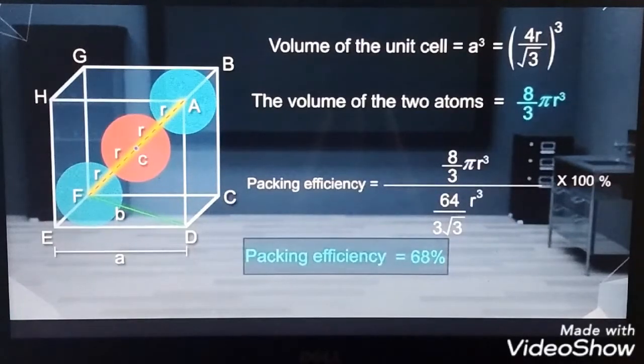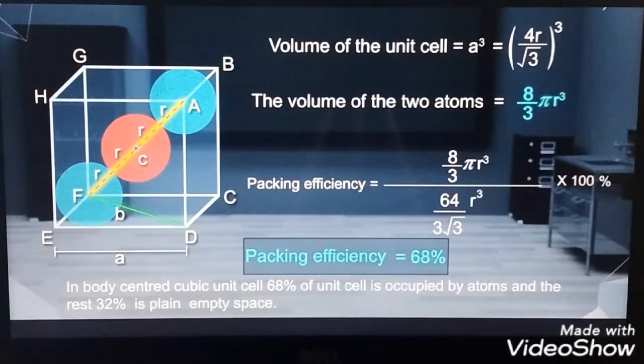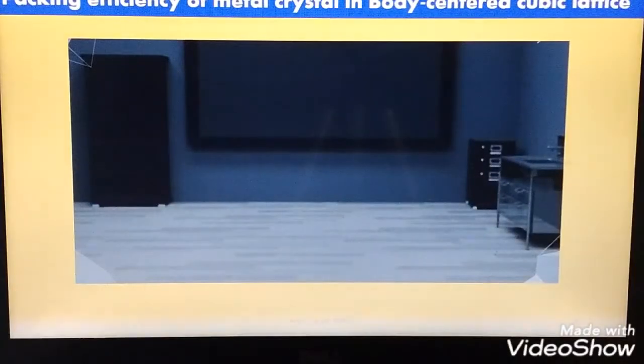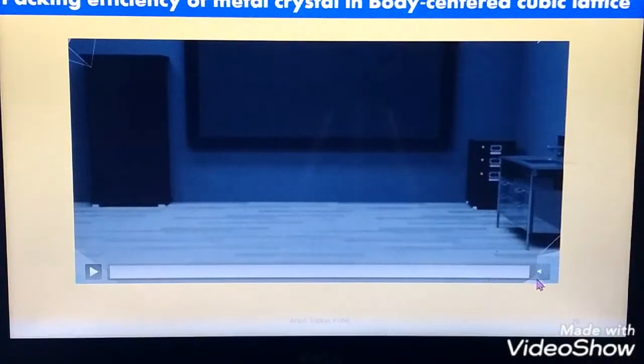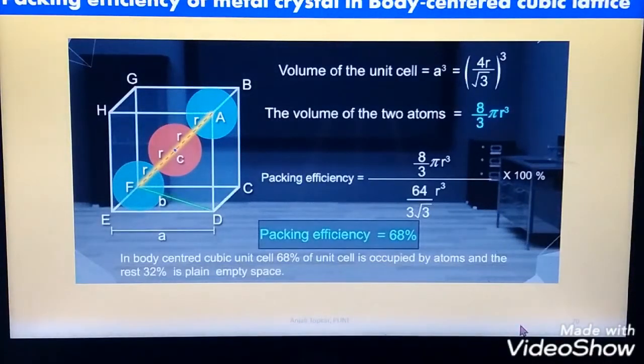Packing efficiency is equal to 68%. In a body-centered cubic unit cell, 68% of the unit cell is occupied by atoms and the rest 32% is empty space.